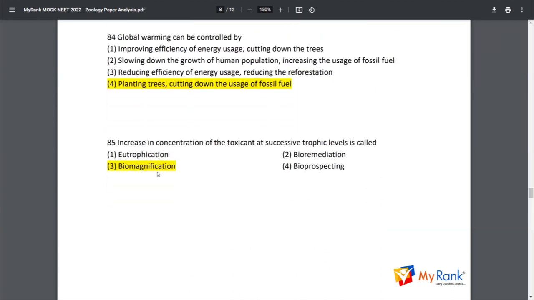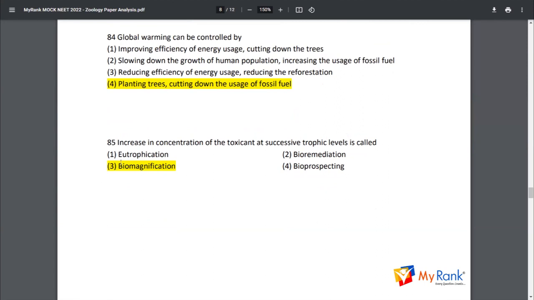Now moving to question number 85. Increase in the concentration of toxicant at successive trophic levels is called as. In a food chain, as you move on to the next successive levels, if there is any toxic substance that is rising in its concentration, it is called biomagnification.